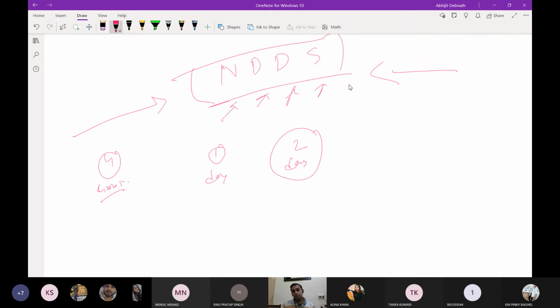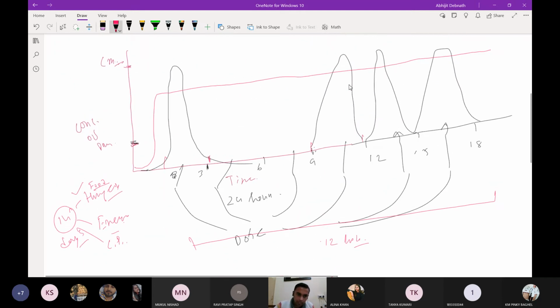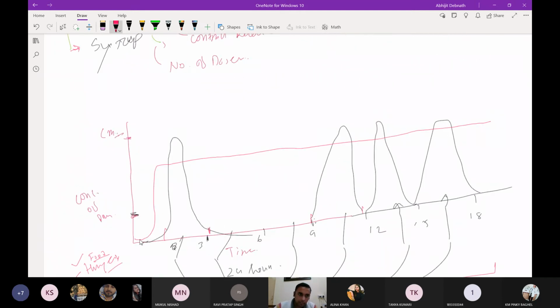So what are we doing here in novel drug delivery system? What are we actually doing in novel drug delivery system? We are actually trying to make such a drug molecule, let me show this. If this is the highest concentration of a nutrient, of a drug or anything, this is the lowest concentration, and this is the time.